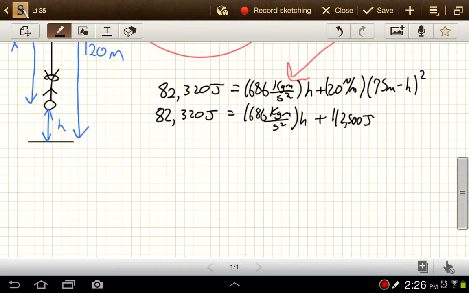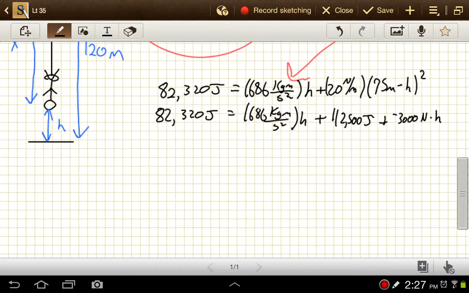And then we'll have 75 times negative h, and a 75 times negative h, so that's negative 150 meters times 20 newtons per meter times h, so that would be negative 150 times 20, so negative 3,000 newtons times h.